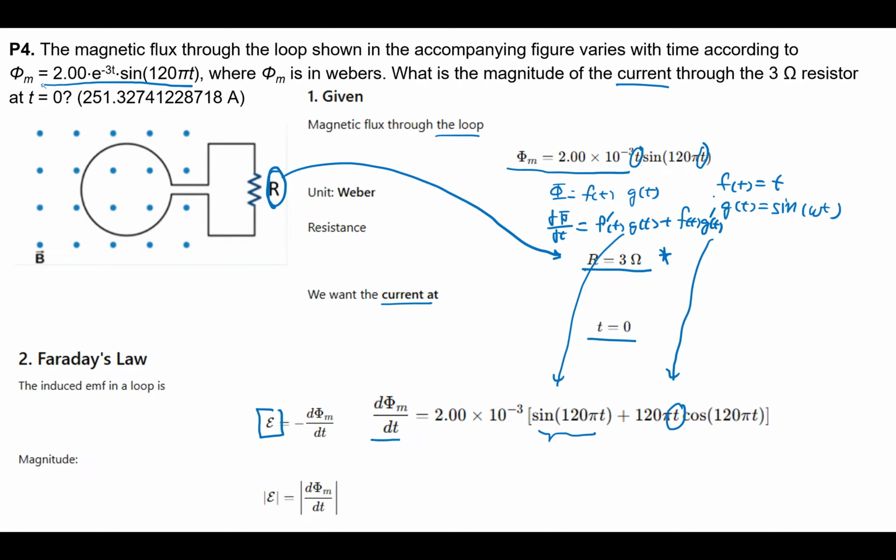And if you take the derivative of a sine, you get a cosine, and you should multiply by the coefficient in front of it. So we know what the derivative is, and then we can find the electromotive force by taking the absolute value.